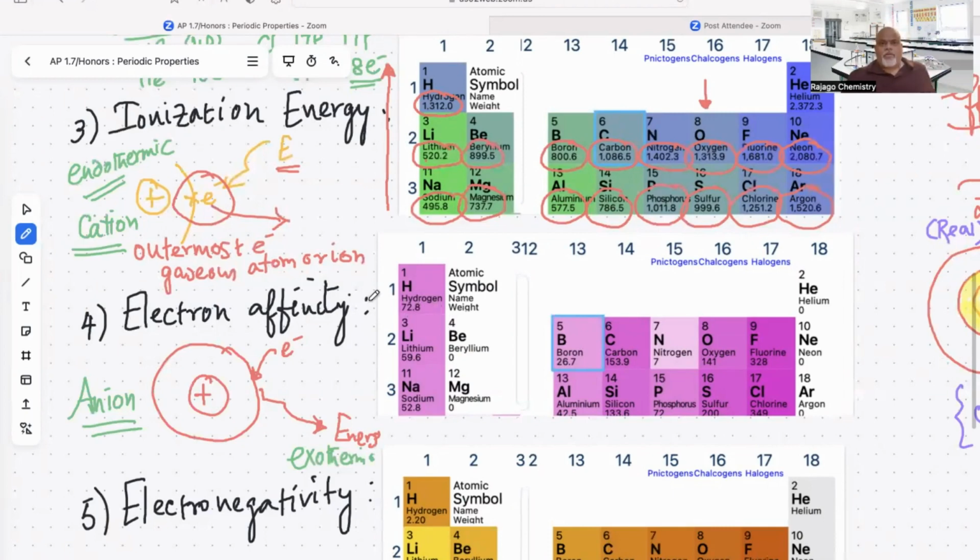When you look at the values, you have 72.8, 59, and then 52.8. The same thing, it is increasing at the top. The higher the number, the more desperate they are for the electrons.